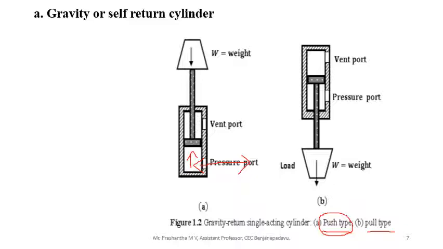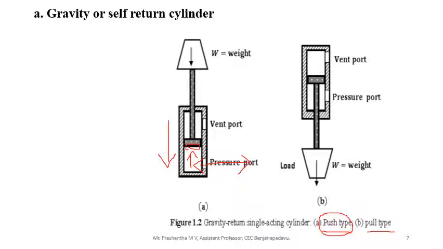Once the assigned work is completed, because of the self weight of the piston or gravity force, the piston will come back to its original position. And here the port is provided at the piston end. This is the piston surface. The port is provided at the piston end.